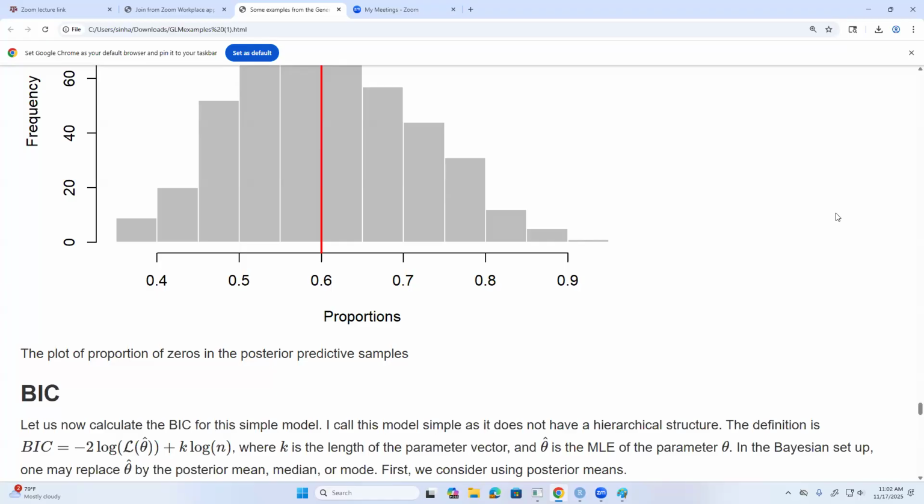Okay, so let me try to understand your question. Your question is about the zero inflated Poisson distribution, right? What do you want to do with the zero inflated Poisson distribution?